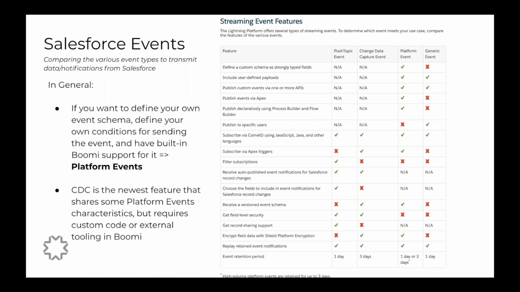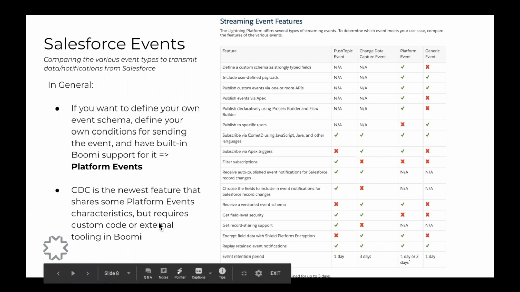Some of these other event types, you automatically get an event structure based on the kind of data you're trying to sync. And platform events also provide the capability to define your own business logic around when you want to send the event, in the form of an Apex trigger. And again, some of these other event types don't allow that.